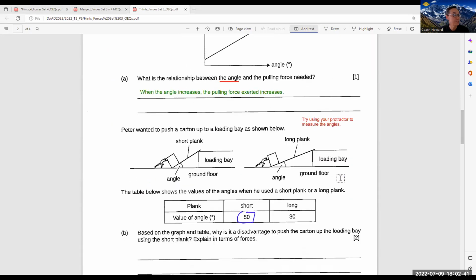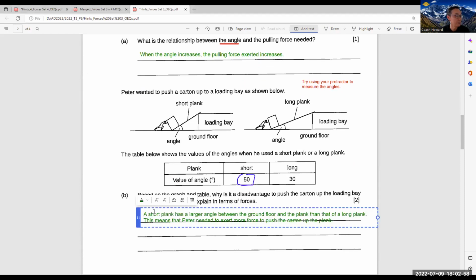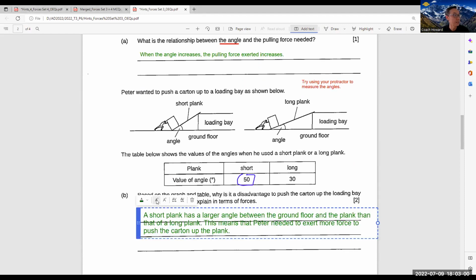Okay, next one. Based on the graph, why is it a disadvantage to push the cart using a shorter plank? Can you see the shorter plank, the angle is greater? So you say the shorter plank has a larger angle, so more force is needed.